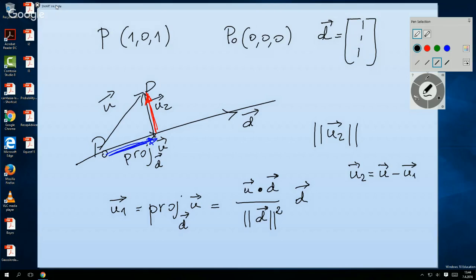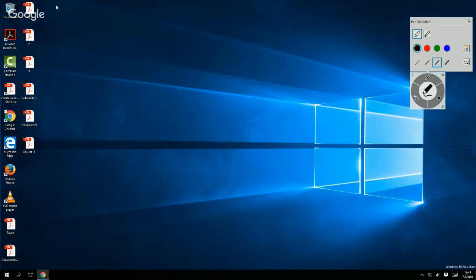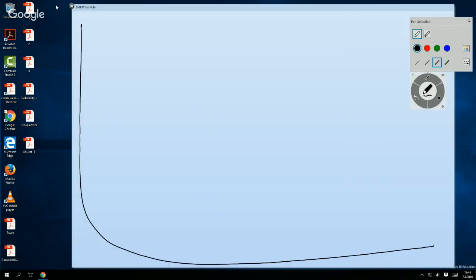If not, let's do some probability. The P word. Okay, let me save some time by not erasing this wonderful curve that I've just done. The first question has to do with independent events. The only thing you need to solve this exercise is to know when two events are independent.